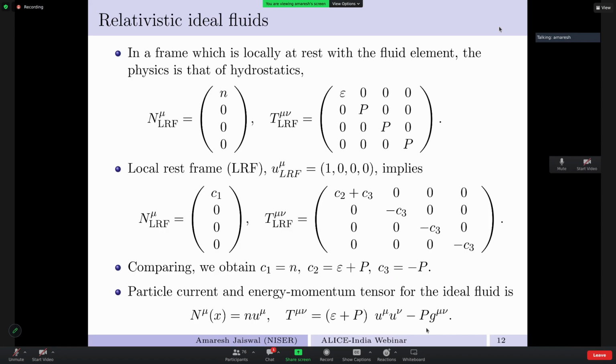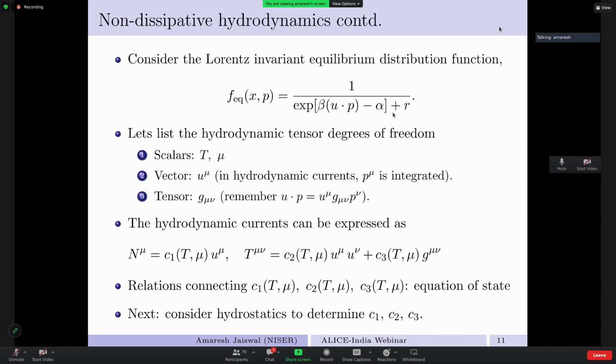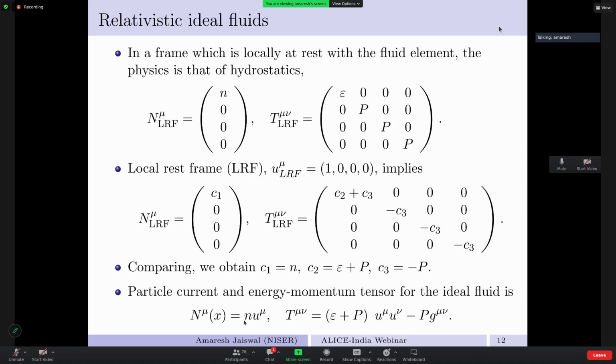So this is the form of the conserved currents, N^μ and T^μν. To derive this form, all we needed was the equilibrium to be defined. And we can see that these coefficients are indeed thermodynamic quantities, and they have to have some equation of state for them.